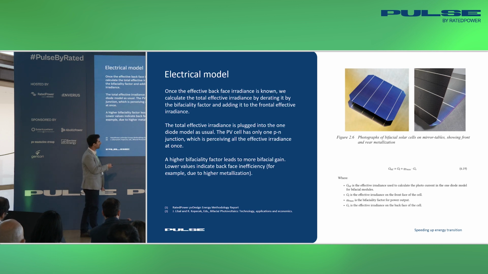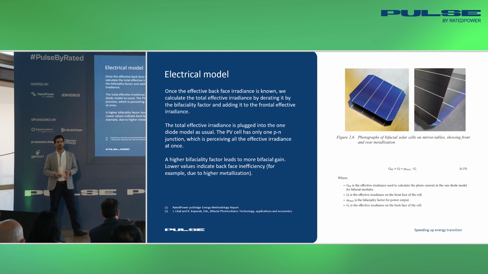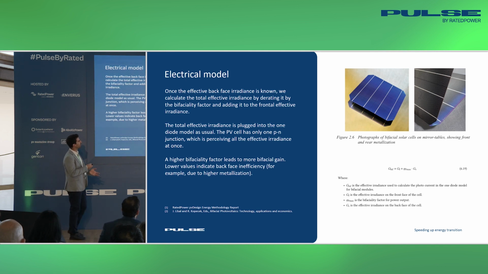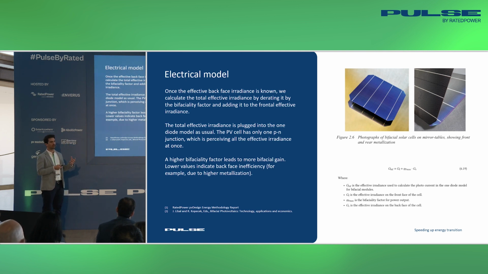The important part is the bifaciality factor. You have probably heard of this value. The bifaciality factor is a derate on the backface irradiance, which actually produces electricity. It comes from the fact that PV cells are not symmetrical in the back face and the front face. One of the most normal things we find is that the number of busbars, of aluminum busbars, in the back face is different from the front face, and there are more of them.